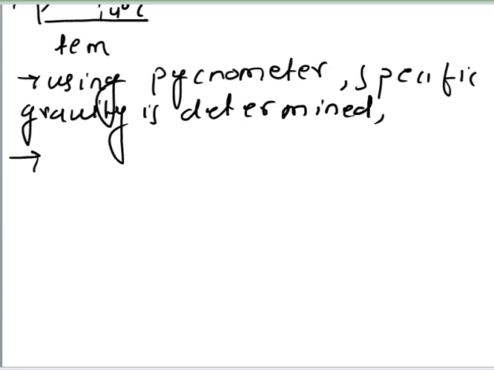In water content method, hence we have used such a soil which has moisture content, some amount of moisture. But in this method, what will we use? We will use dry soil. Instead of using the moist soil, we will use the dry soil. So let's continue.